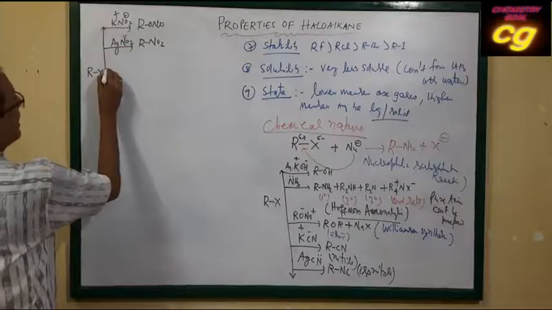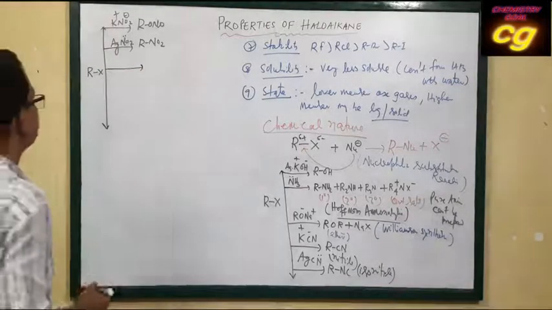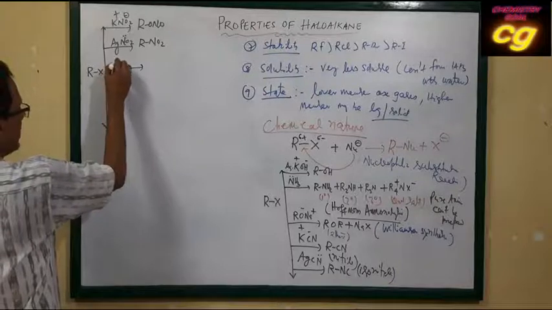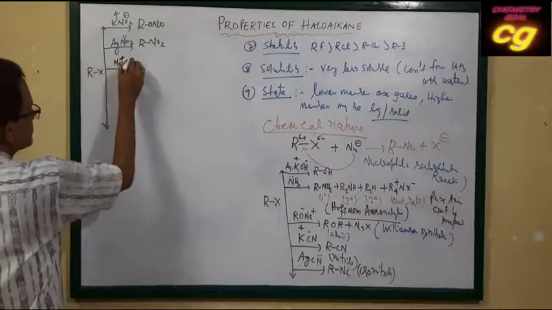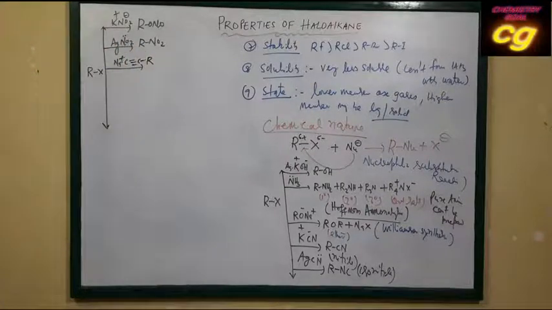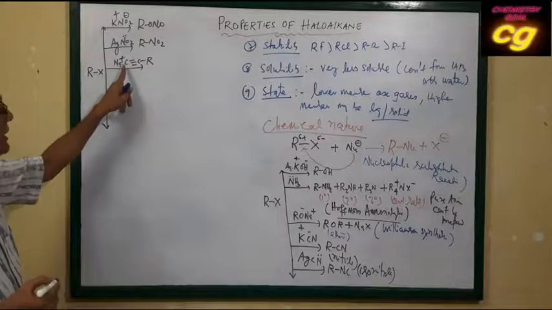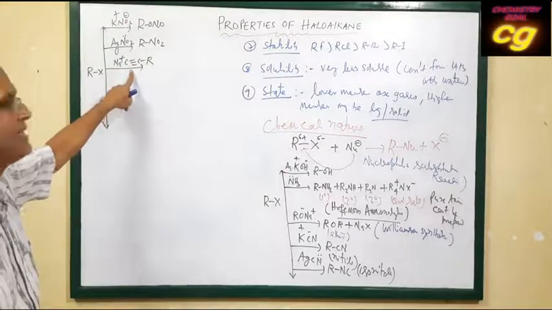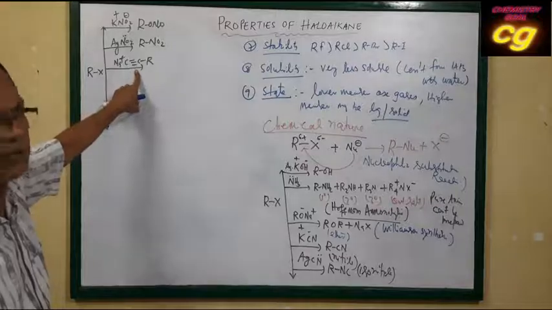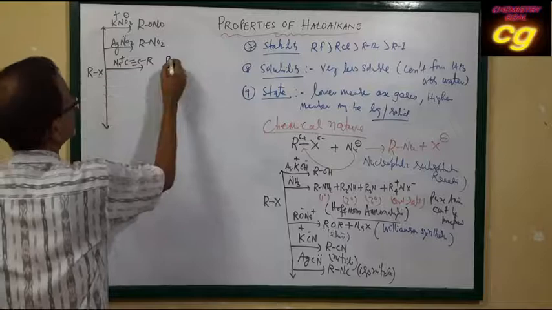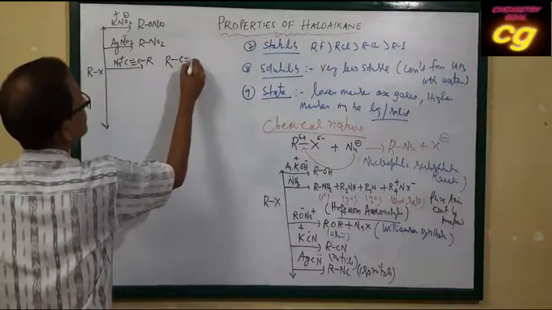If you add some sodium salt of acetylides, Na plus C triple bond CR, or if you take any acetylide, this is called sodium acetylide derivative, then it produces a higher alkyne, R then C triple bond CR.